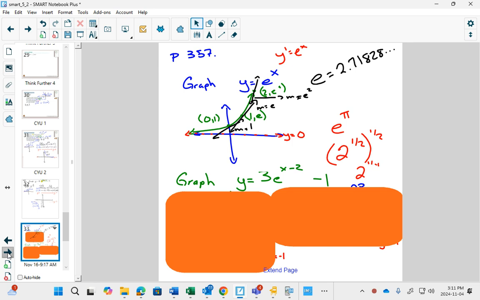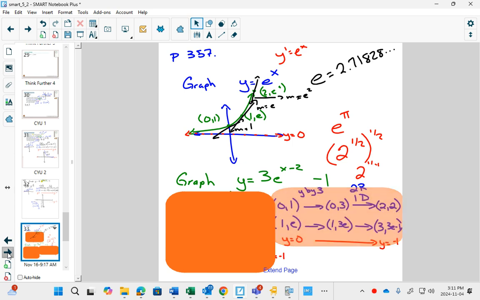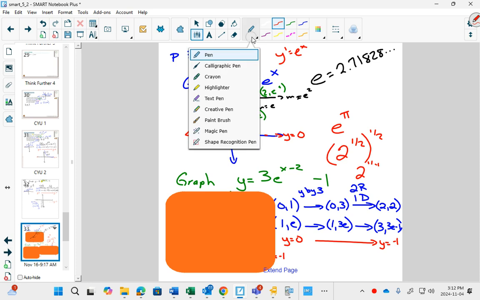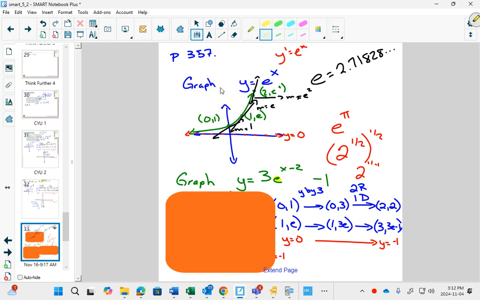Anyway, if you were asked to graph y equals 3e to the x minus 2, minus 1, you would start the same way: list the common points from above. You're going to multiply your y values by 3. If I took out my highlighter, I would highlight the e and the x; those things aren't affecting my transformations. I think this is kind of fun.